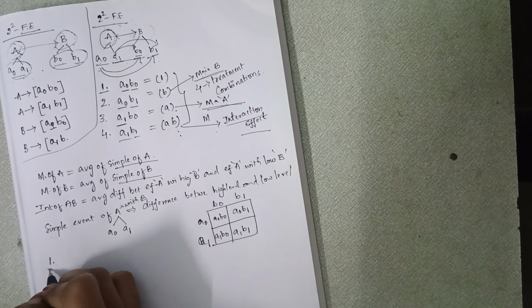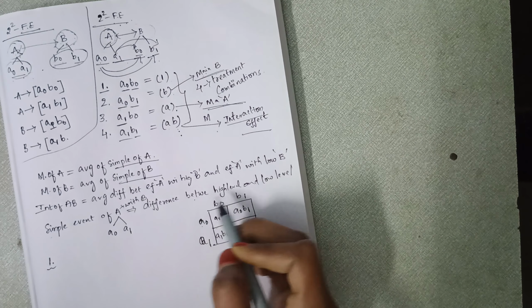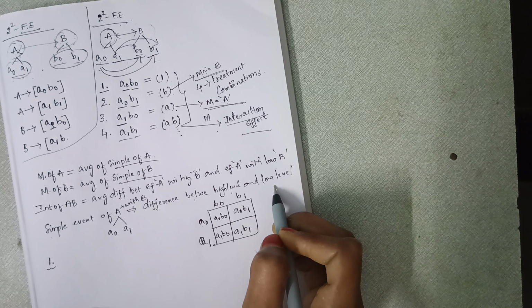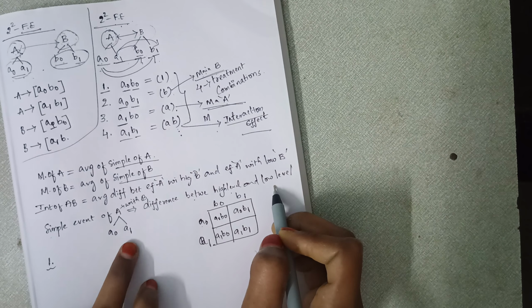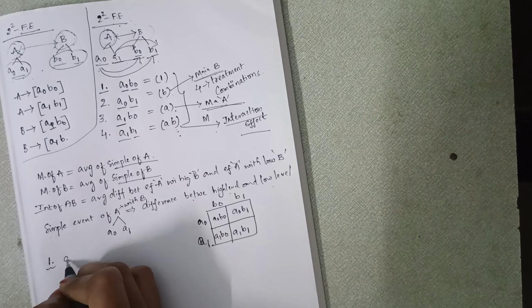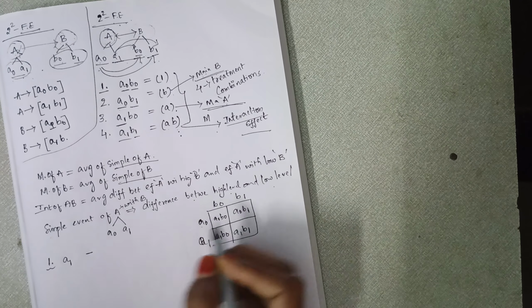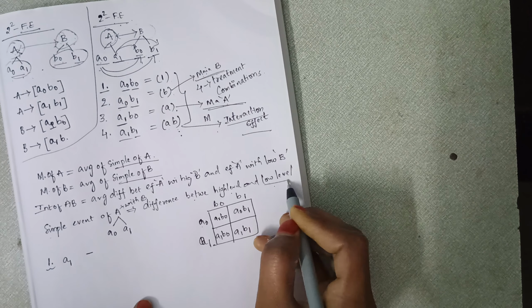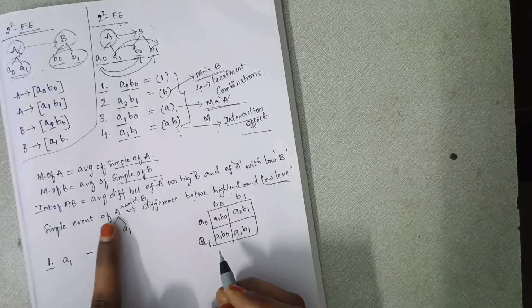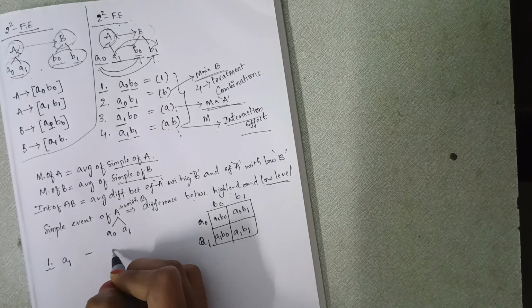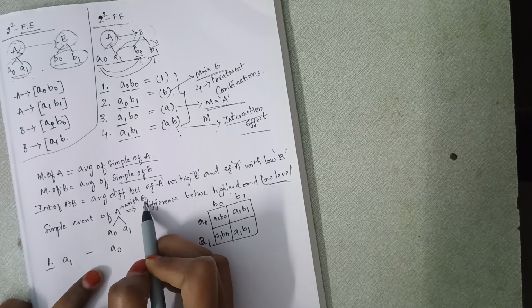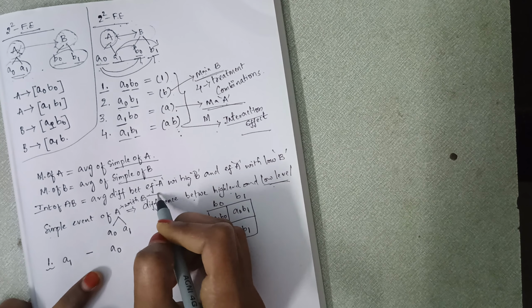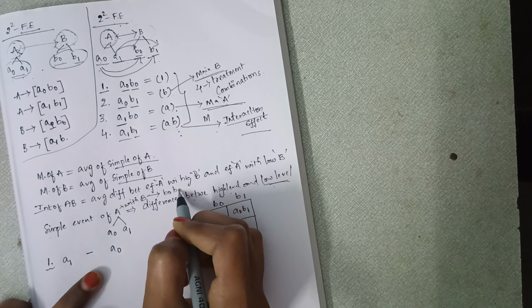So first let us take here the difference between high level and the low level, and we are calculating for A. The high level of A is A1. So A1 minus, this is the difference, low level. Low level of A is A0. So A0, and the simple event of A with B. So B has 2 levels again, B0, B1.